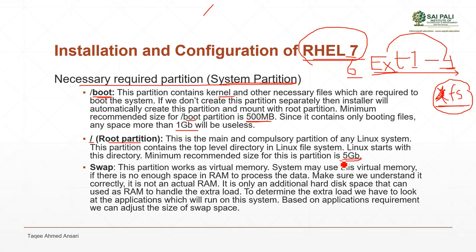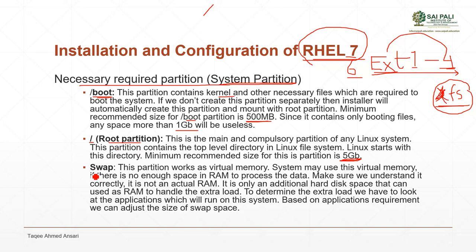Remember, that is the minimum, which only leaves room to install the required installation files. Other than that, you will face problems if you try to install any other software. So you have to give this a big space. More than, say, 70% of your hard disk should go to this slash.